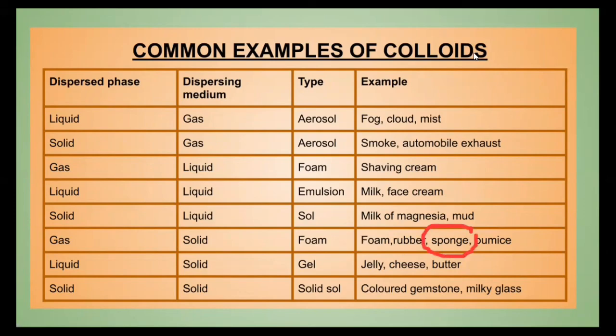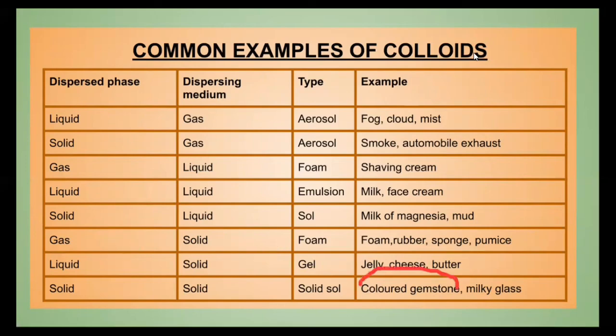Sponge is an example of a solid medium in which the gas, that means the air, is trapped. Butter: the medium is fat, and in that water is trapped.